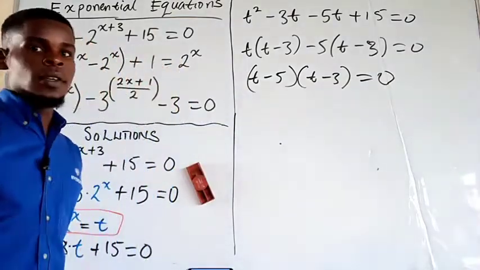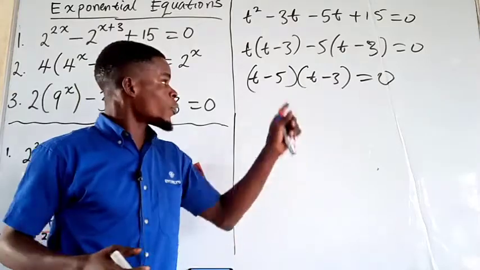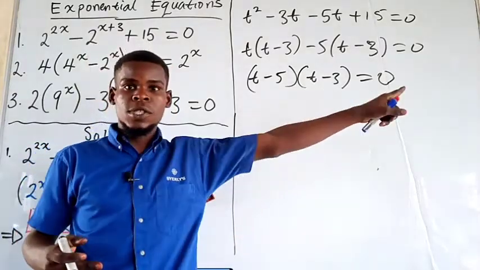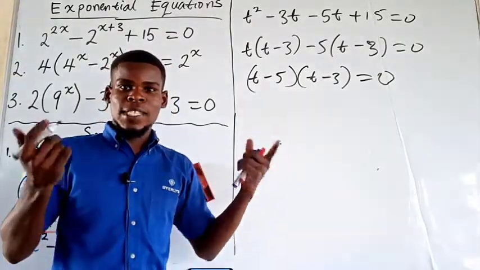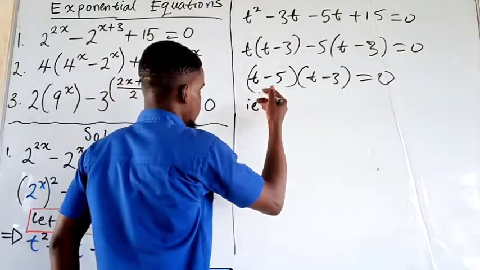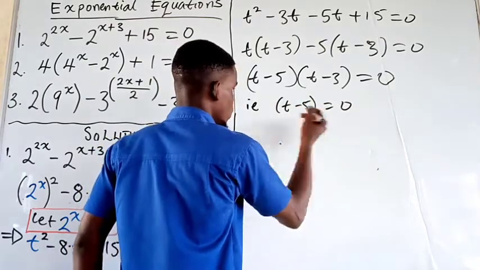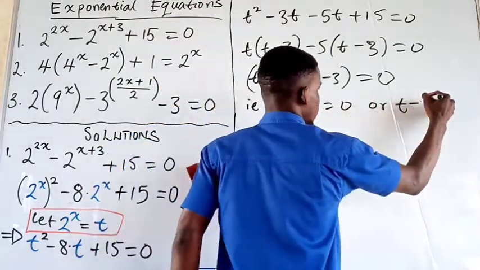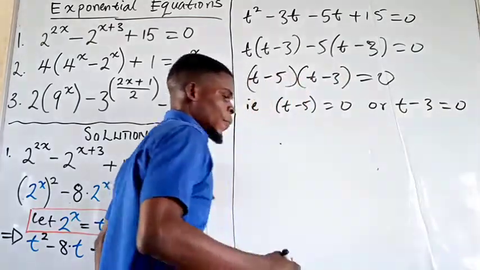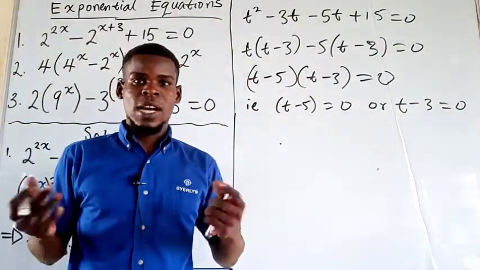Now the next thing we'll do is to observe that the product of two terms is giving you 0. At least one of the terms must be 0. That is, either t minus 5 is 0 or t minus 3 is 0. You can't multiply two non-zero numbers to have 0.